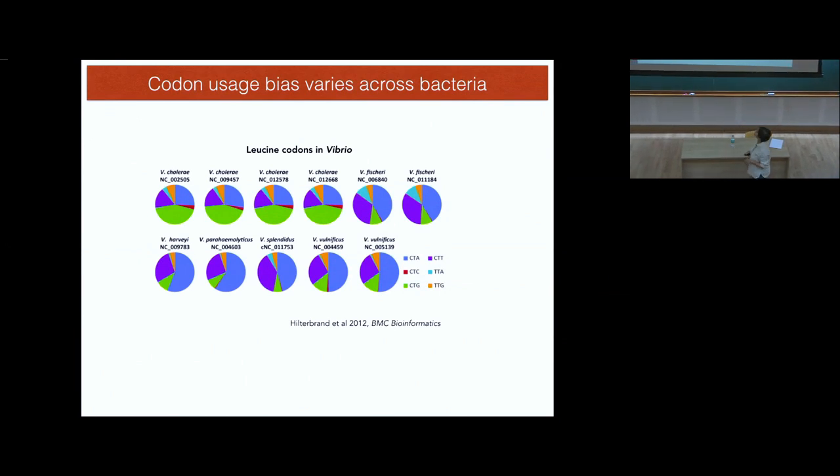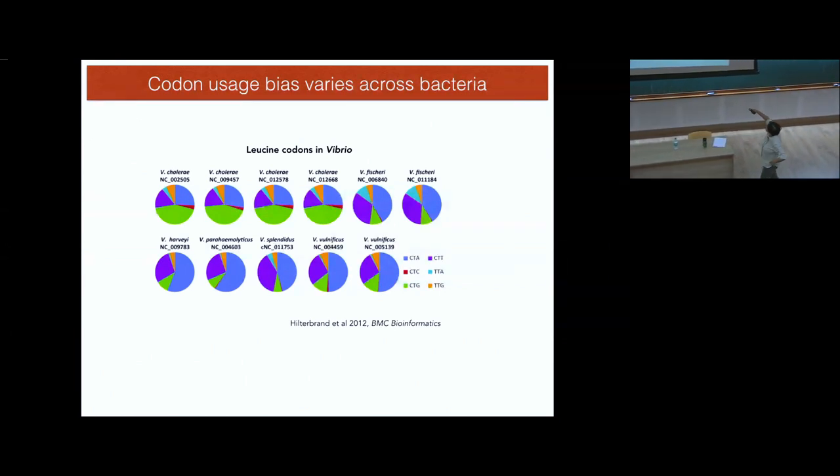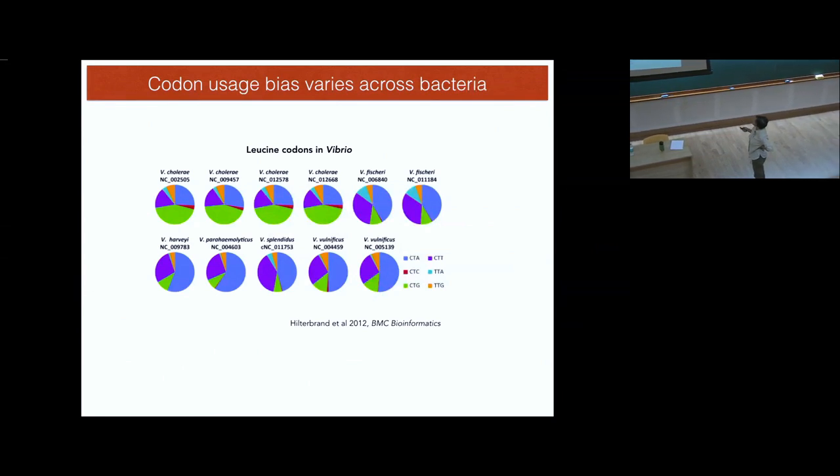Okay, so what you see here then is the relative use of leucine codons in different Vibrio genomes. These are different Vibrio cholerae genomes, or some from other species, Vibrio fischeri and so on, isolated from whatever different habitats. And you see very obviously and clearly that, for example, here, CTG is a codon that's used to encode leucine a lot, about half the time in these 4 genomes.